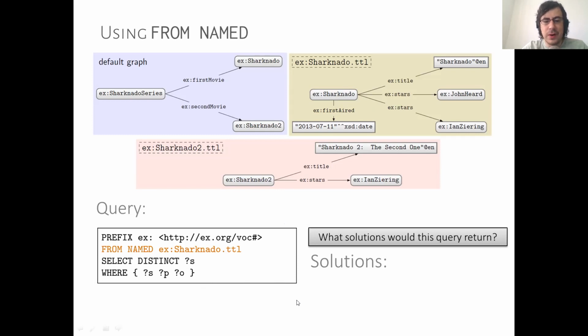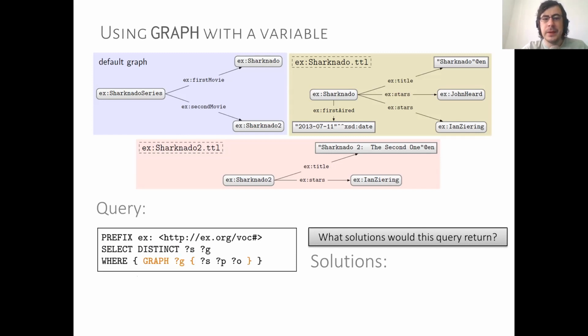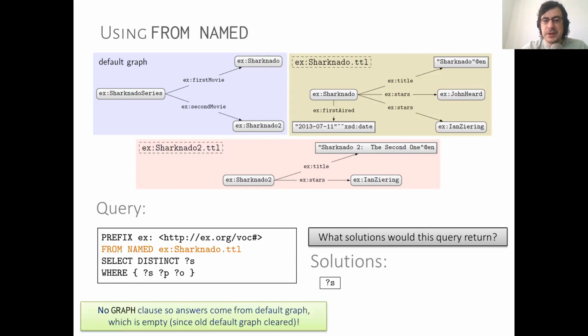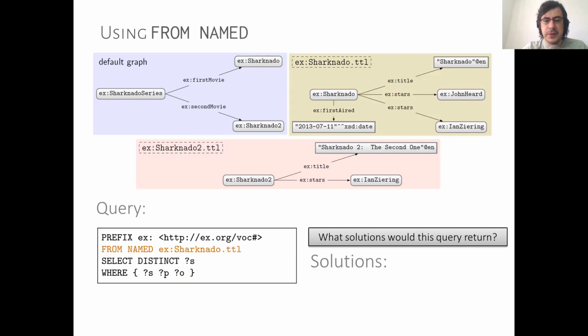This would return empty solutions, because our default graph here will be empty. We haven't used from to define a new default graph. There's no graph clause, so the answers come from the default graph, which is empty. So when we use from or from named, we automatically clear the default graph and we start a new data set from scratch for the query. Any questions or doubts so far for these three examples?